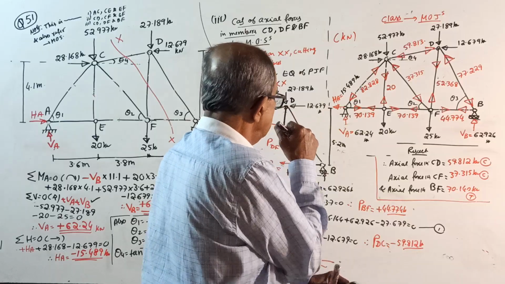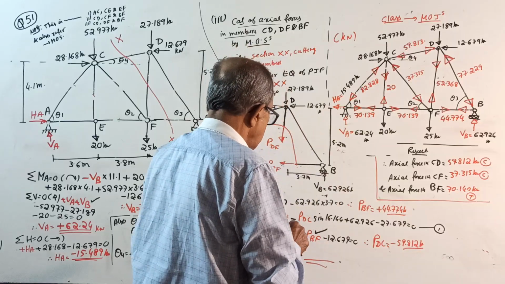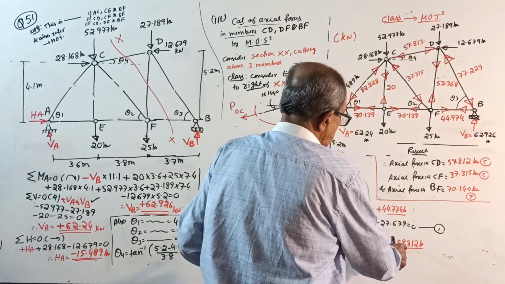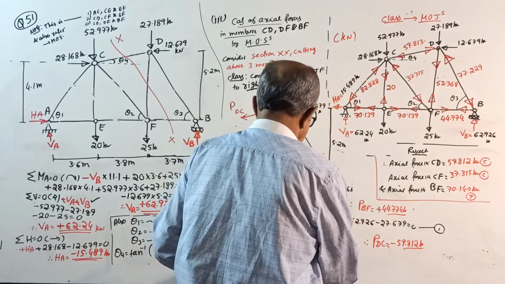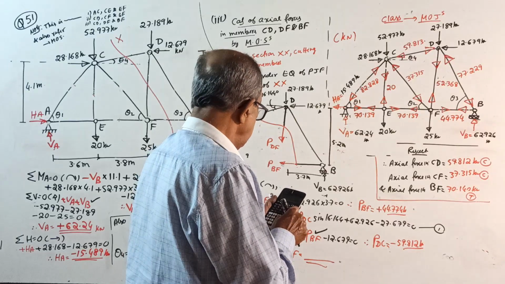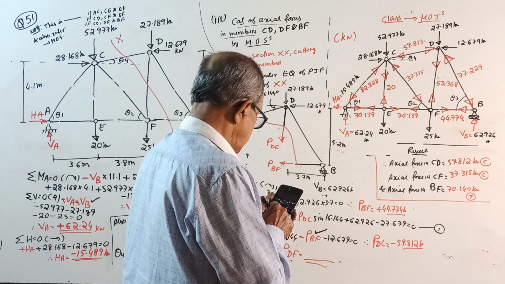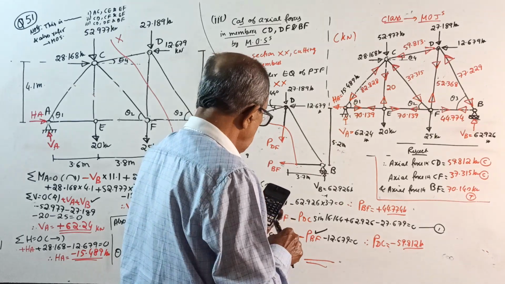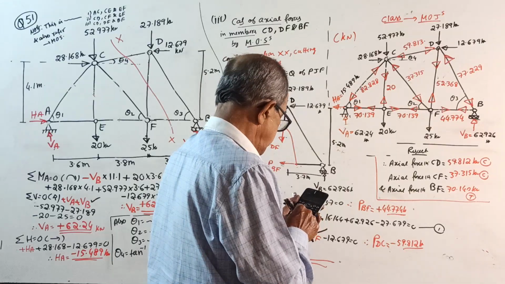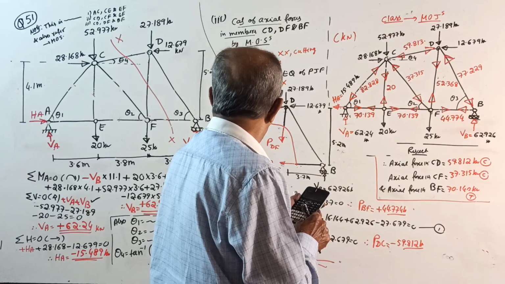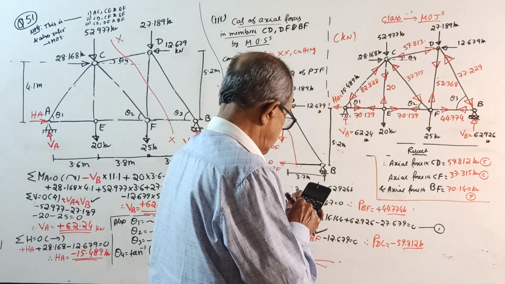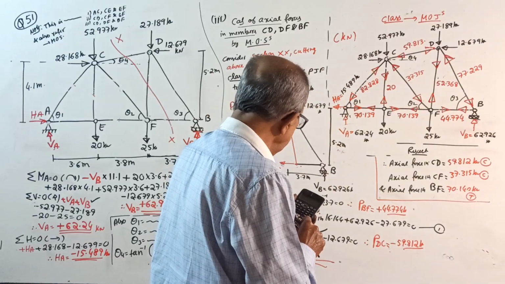That's perfectly correct. Where is the mistake? I don't know. PDC is 59.812 and 44.774 came here. If I substitute here, minus PDC into 59.812, plus 62.926 minus 27.679 is 95.